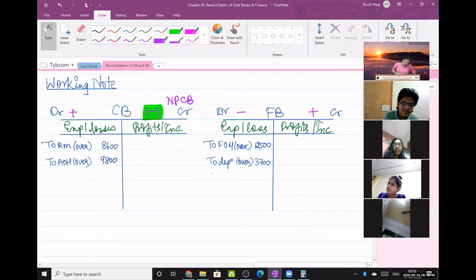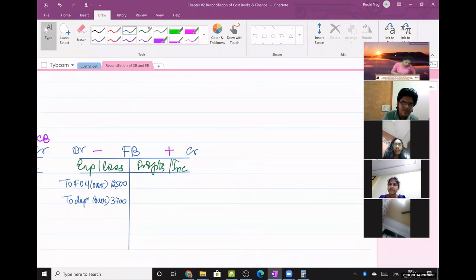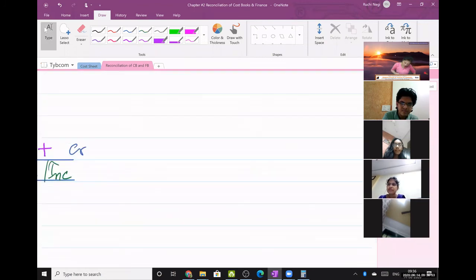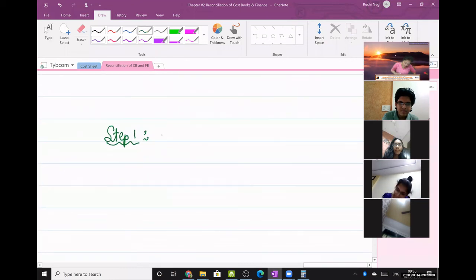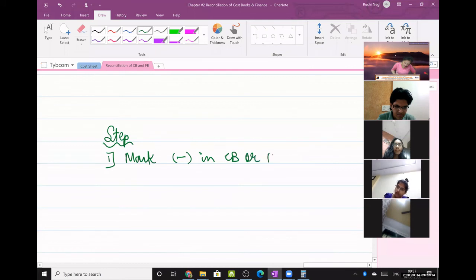So I'm writing the steps here, students, for you all. Step number 1: mark whether it is in cost books or finance books. This is what I did.